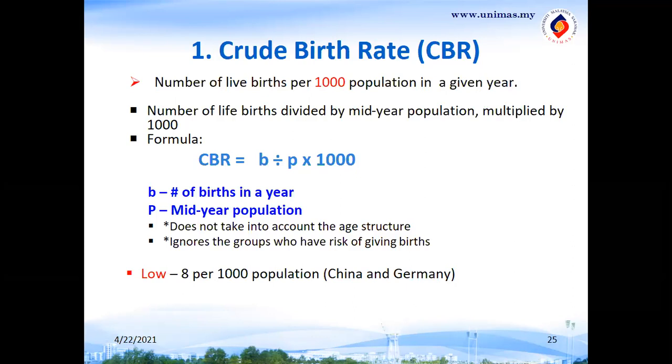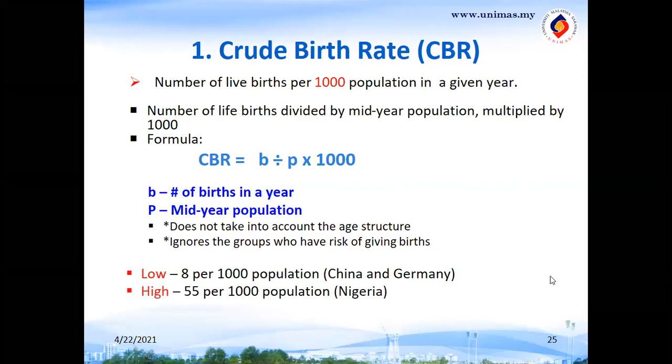So some countries have a low crude birth rate, and some countries have high. Countries like China and Germany, for example, currently have a very low crude birth rate, about 8 births per 1,000 population.